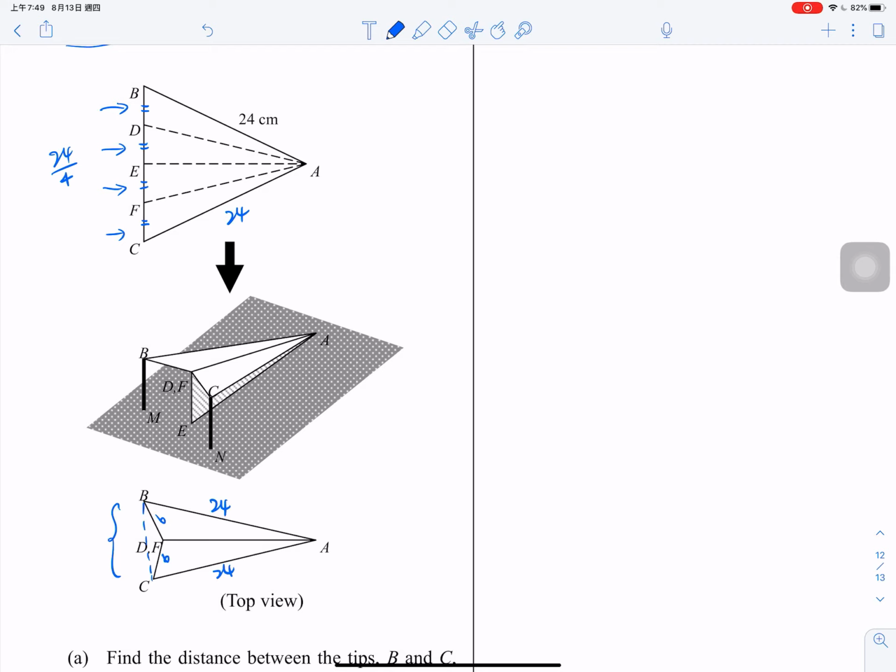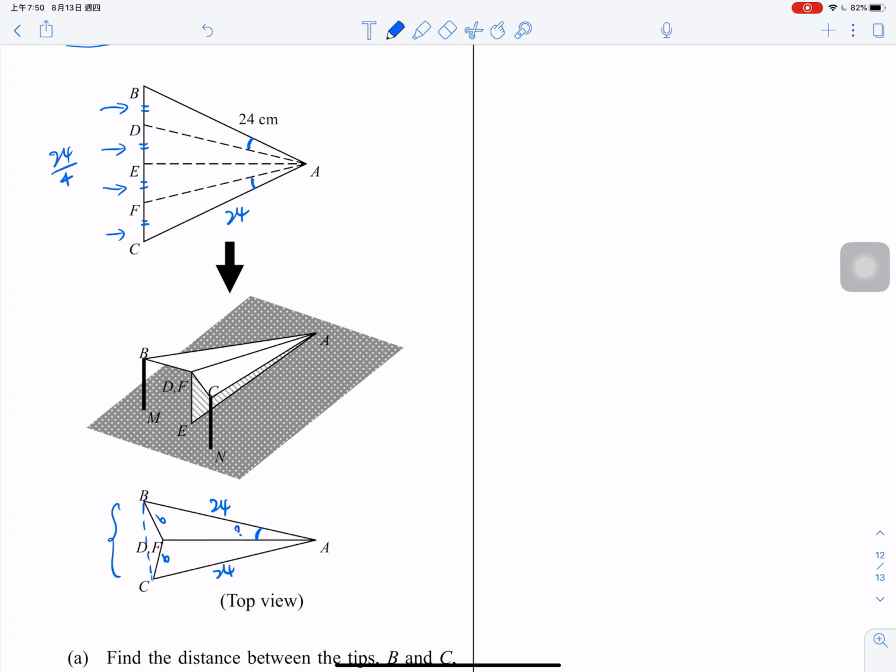That means if we know this angle, then we can find the distance between the tips of the wings. Do you know how to find this angle? This angle or this angle.